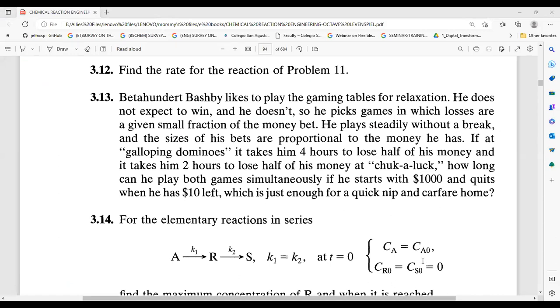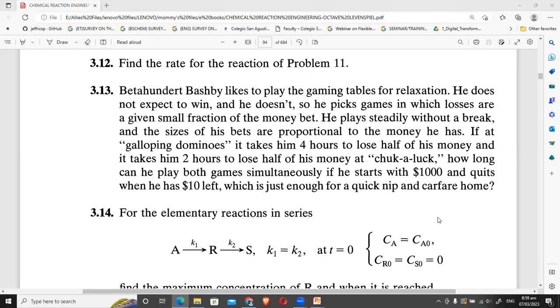Wait, I have so many things to click. Okay. Can you see problem 3.13, Levenspiel? Yes, miss.